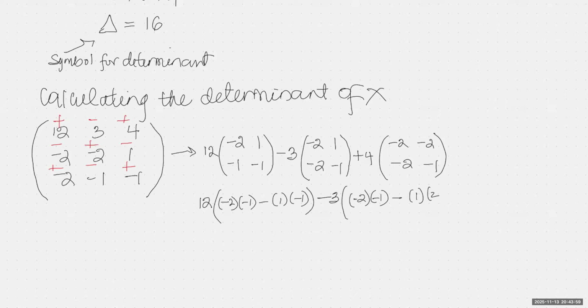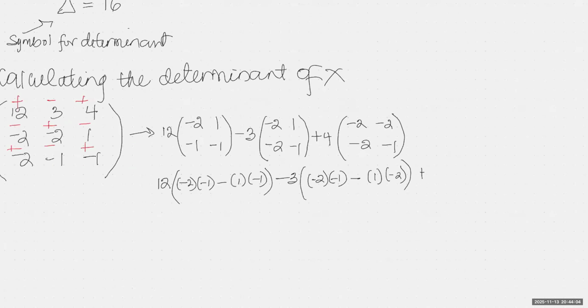Then plus 4 into -2 times -1 minus -2 times -2. Do you agree with that? Yes, sir. What about the rest of you? Sir, just a little part I may have a problem with, but I will catch it. All right, good job. Sir, where do we get the 12?